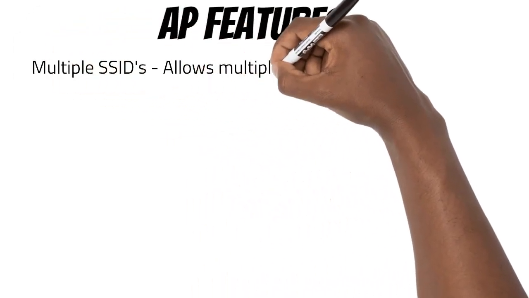Let me just give you 3 features here that I think it'll be worth knowing about, maybe looking into a little bit more. In addition to the different types of access points, there's also going to be a variety of features that these access points can provide. One of them is multiple SSIDs.